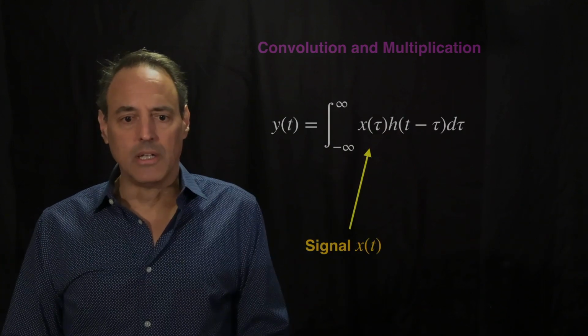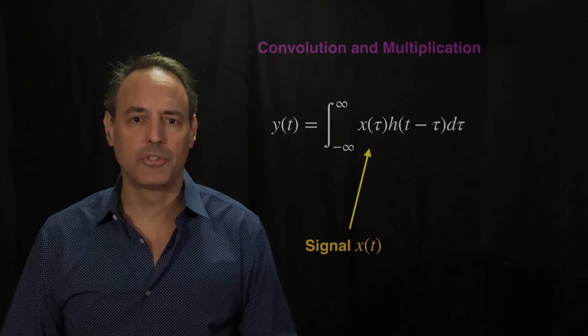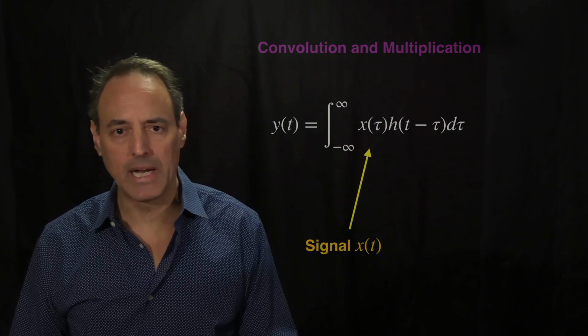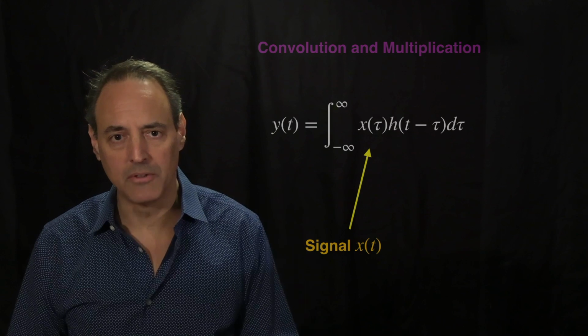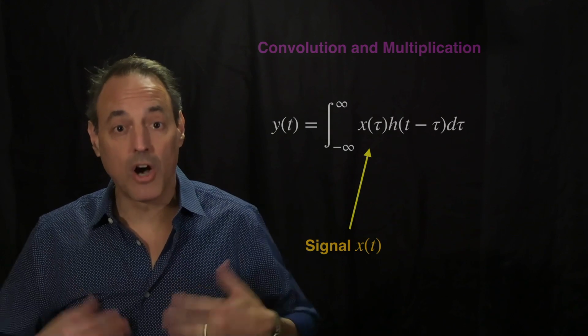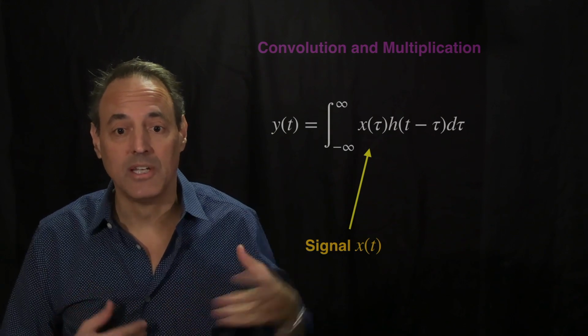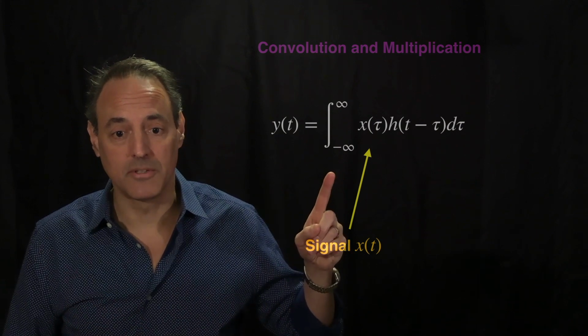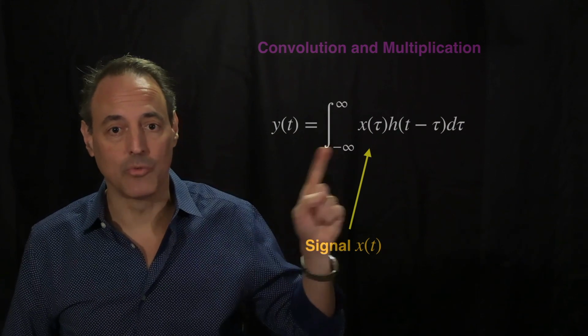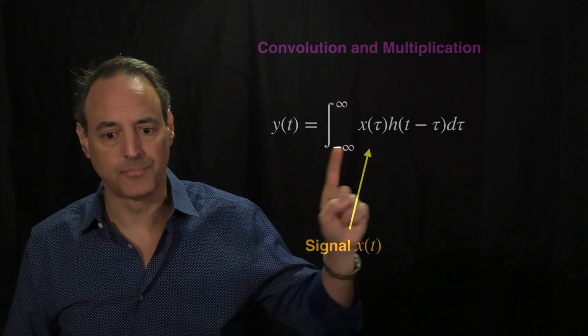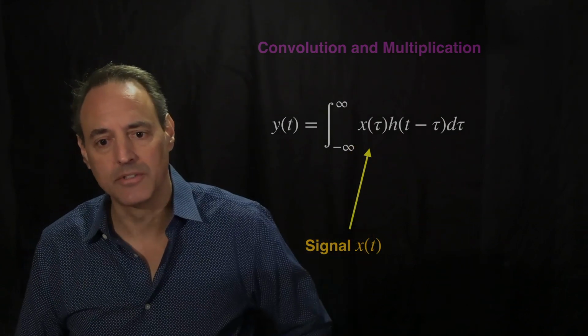So first of all, let's talk about the solutions to LTI systems. If you go back to many lectures ago now, earlier in the lectures when we talked about linear time invariant systems, this was the solution to the linear time invariant system. What we had is y of t is the output of that system. We had a signal x of t, so there it is.